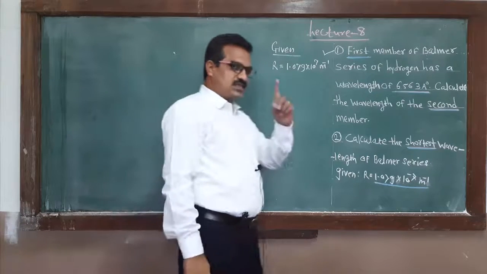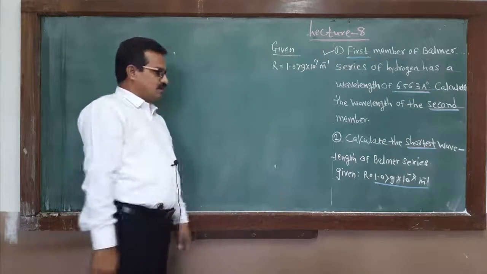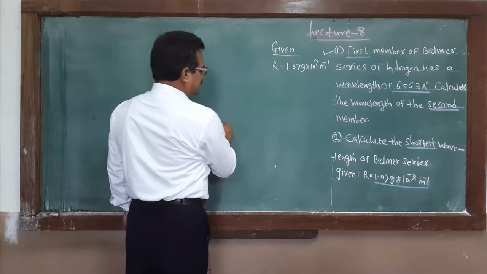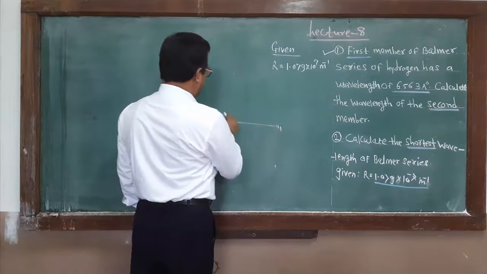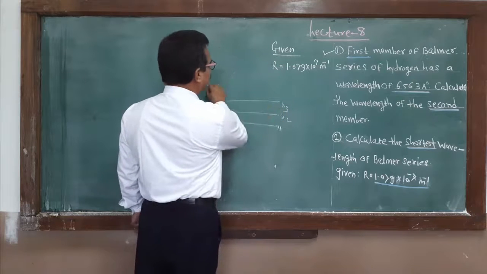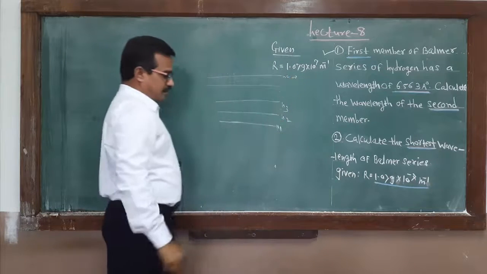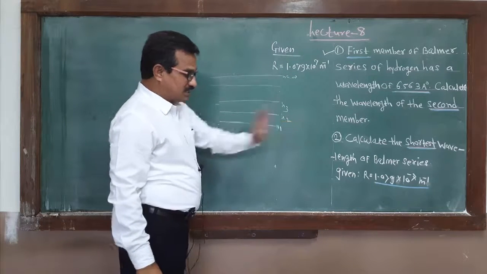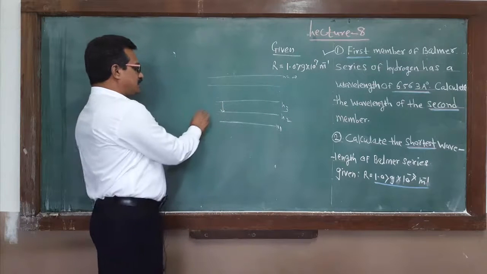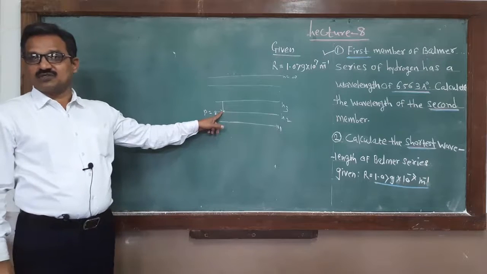For each and every series, such type of problem asks to find out the longest wavelength or the shortest wavelength. Whenever a transition takes place, here is orbit first, orbit second, orbit third, and in this way the number of orbits, up to n is equal to infinity. And from Balmer series point of view, P is equal to 2, means inner orbit is n is equal to 2.